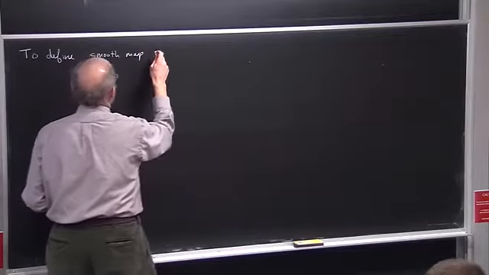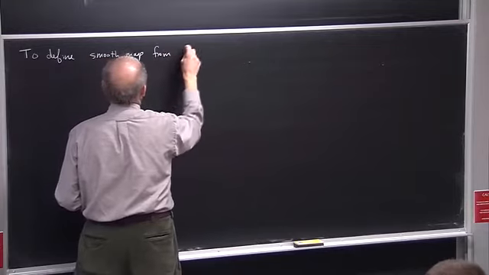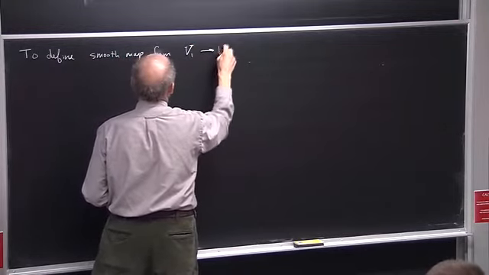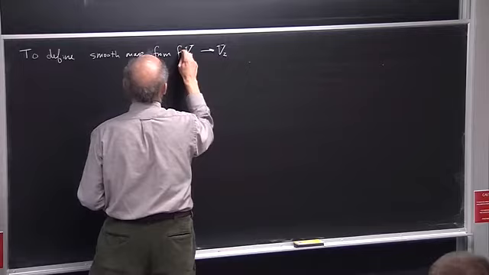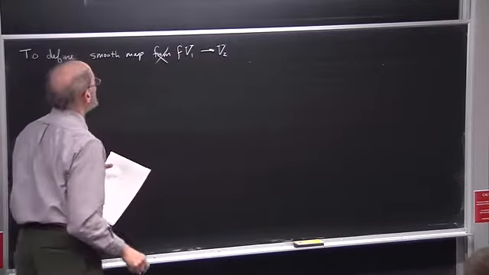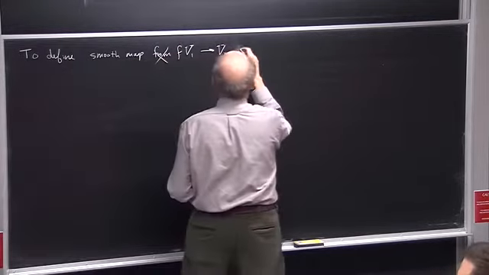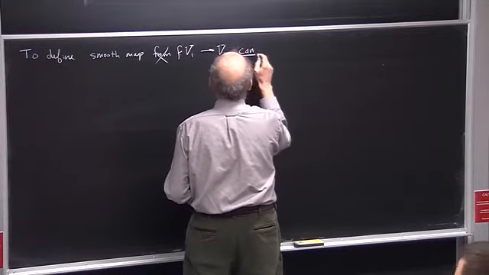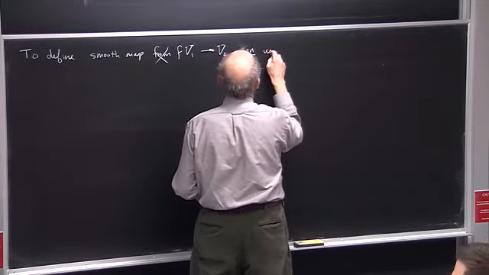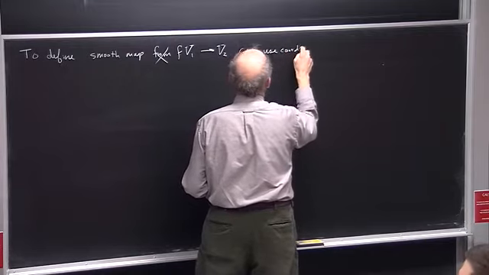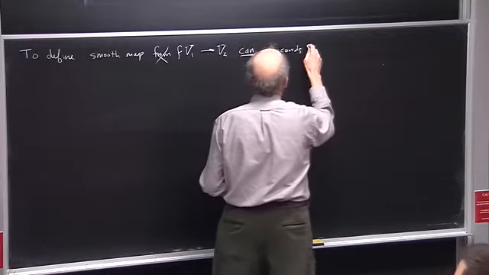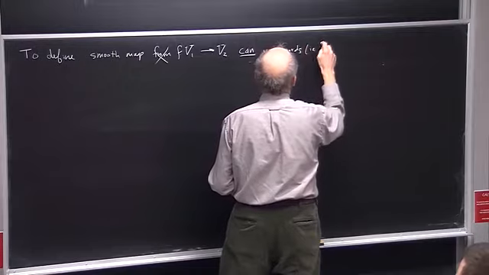To define a smooth map of V1 to V2 between vector spaces, we can, for example, use coordinates, which really means in this case, bases.